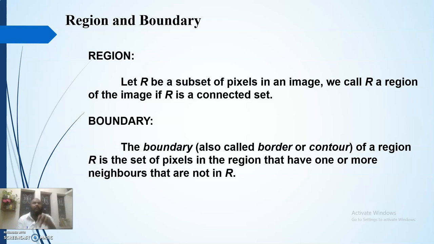The pixels present in the region will have some similarity. They have some relationship, and the surrounding neighbors which differ from the test pixel, we will call the boundary or border or contour.